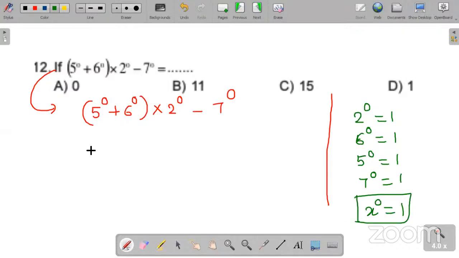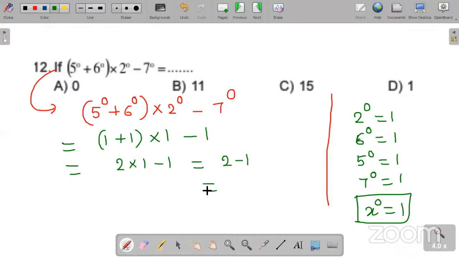So we can write 5 raised to 0 is 1 plus 6 to the power of 0 is 1, multiplied with 2 raised to 0 is 1, minus 1. 1 plus 1 is 2. 2 into 1 minus 1. 2 minus 1 is equal to 1. So D is the right option.